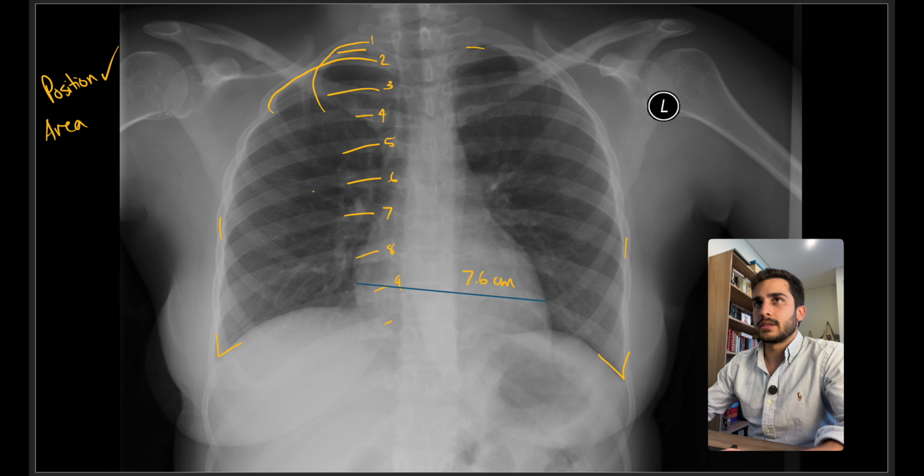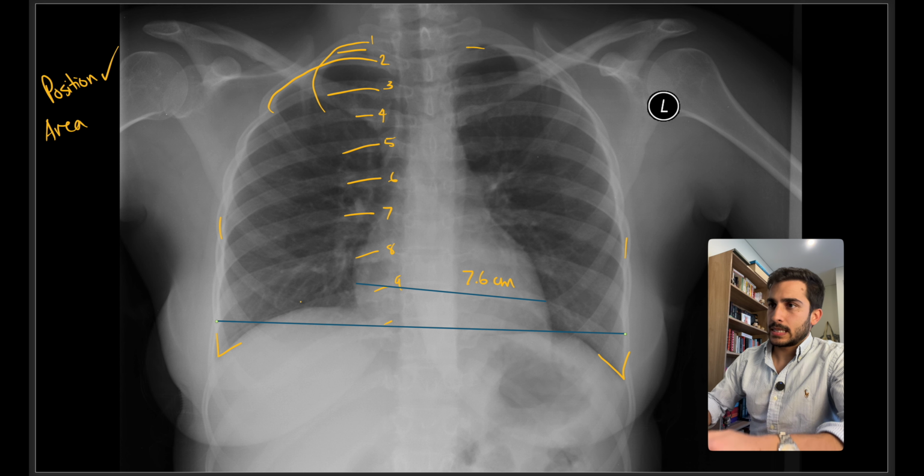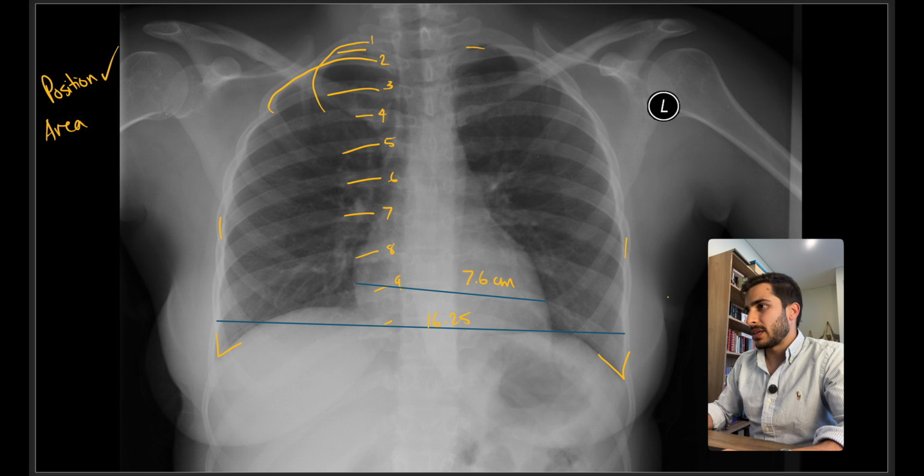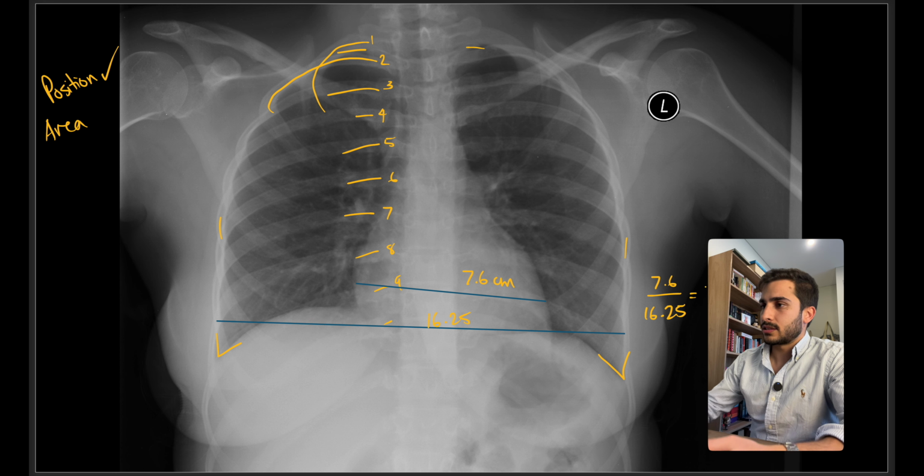And the edges of the lungs are how much? Roughly 16.25. Let's write that down. 16.25. So we basically want 7.6 divided by 16.25 to be less than 0.5.